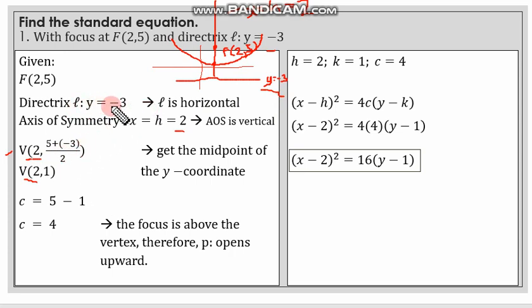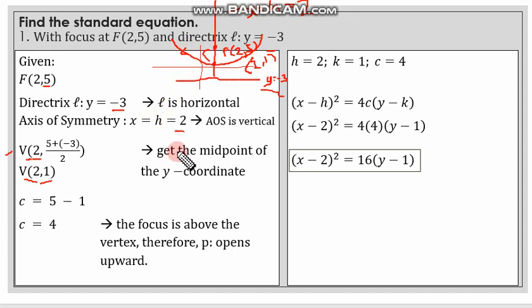So 5 plus negative 3 is 2. 2 divided by 2 is 1. So the vertex is at (2, 1).